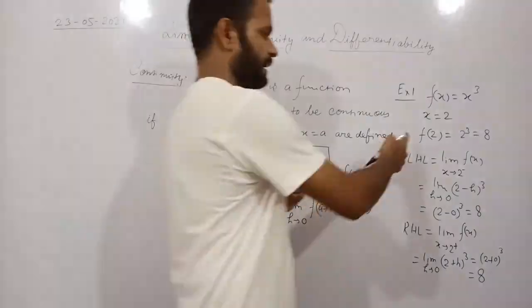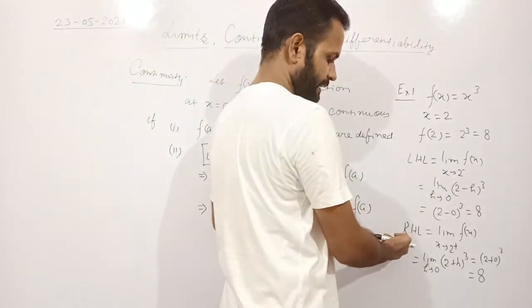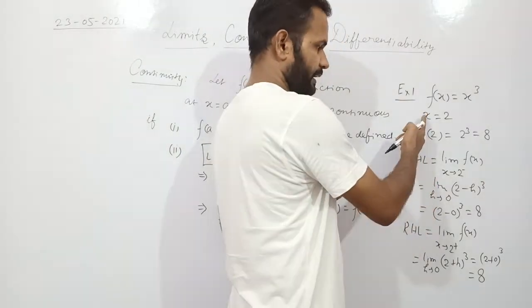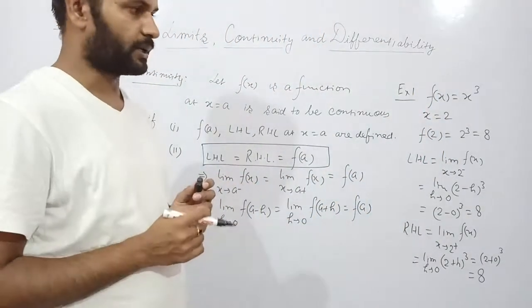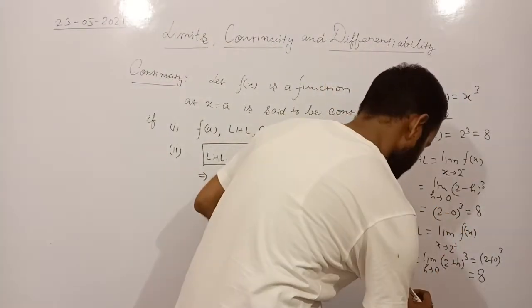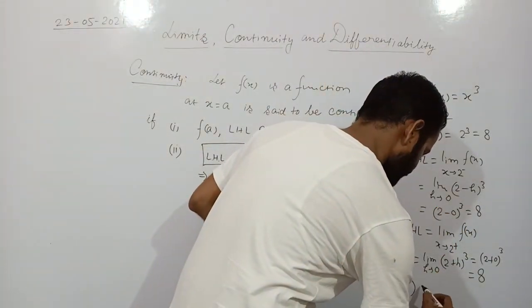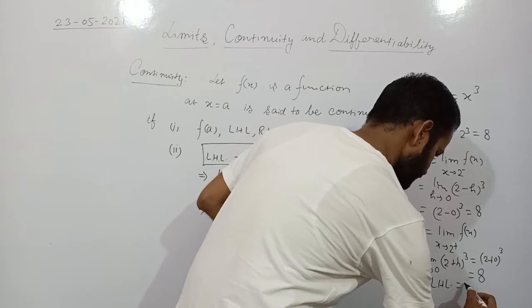Now f at 2, left hand limit and right hand limit at x equals 2 are all equal, 8, 8 and 8. So now we can say f at 2 equals LHL equals RHL.